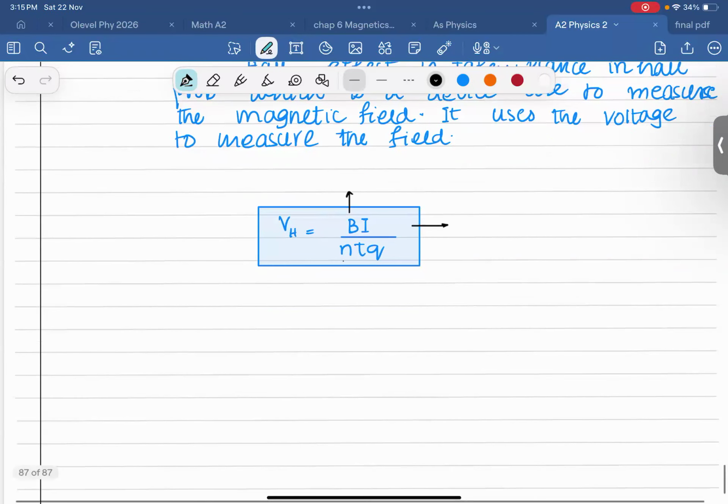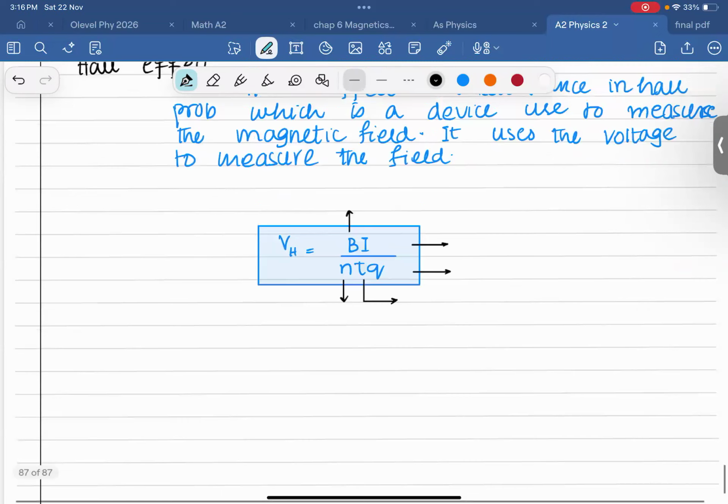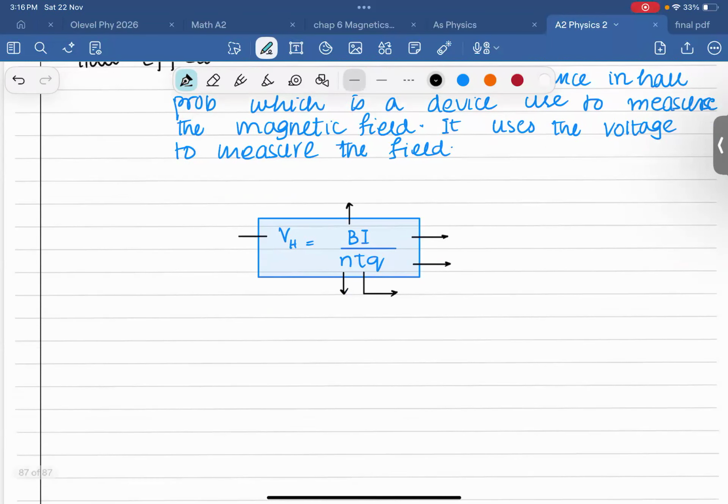B is the magnetic field, and I is the current.